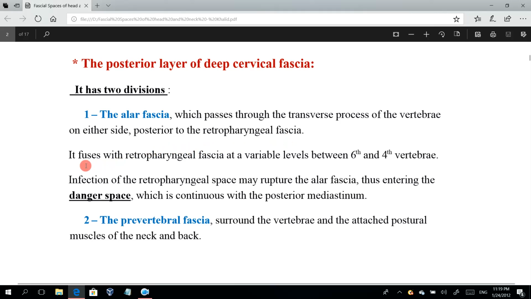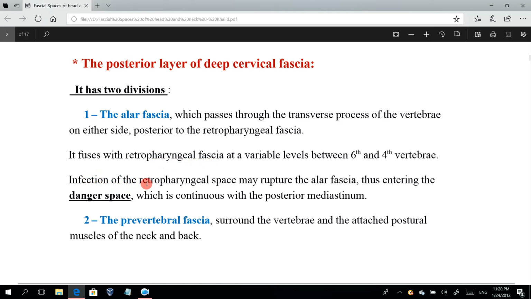This alar fascia fuses with the retropharyngeal fascia at variable levels between the 4th and 6th cervical vertebrae. That is, the alar fascia fuses in specific areas with the fascia that lies behind the pharynx.